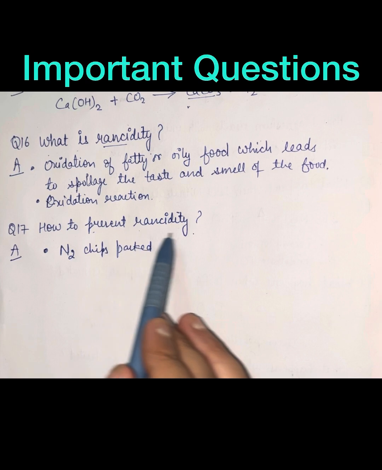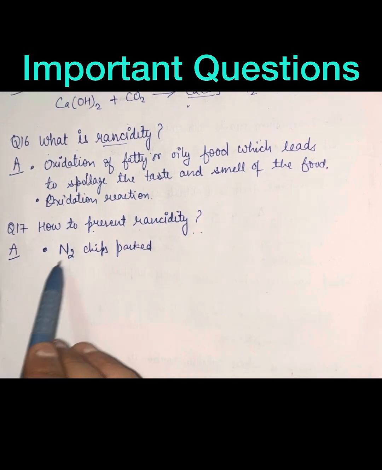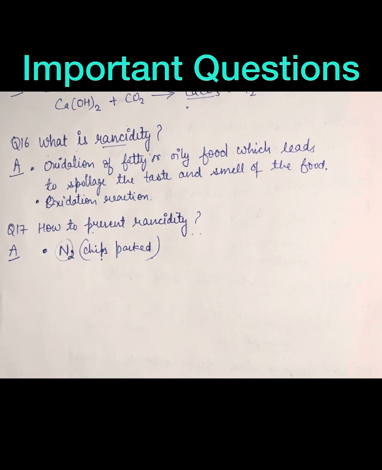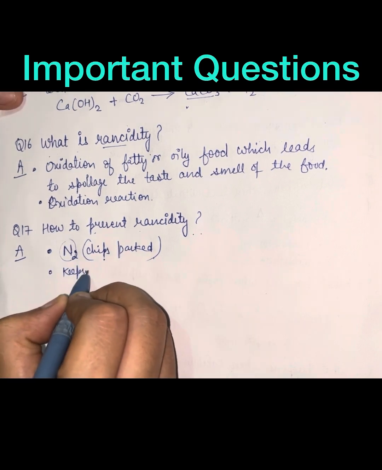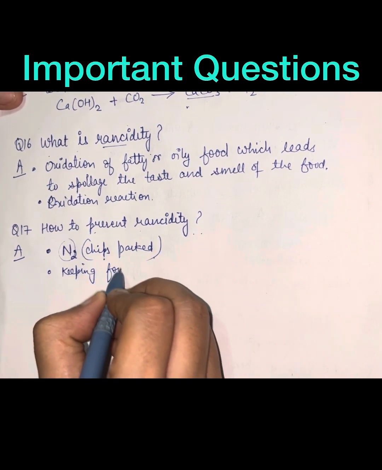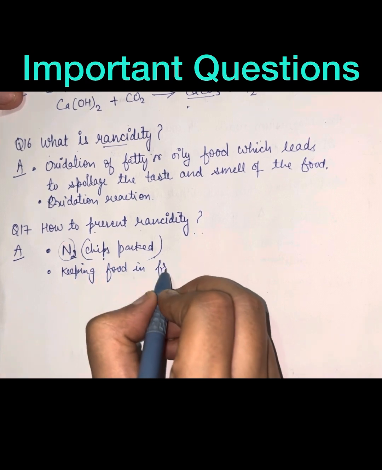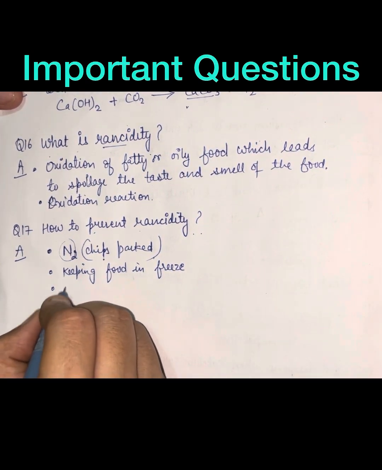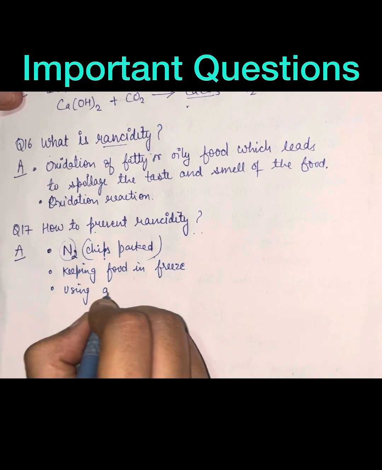बच्चे, how to prevent rancidity? For the prevention of rancidity, chips packet has been flushed with nitrogen gas. Keeping food in fridge or refrigerator, using airtight containers.